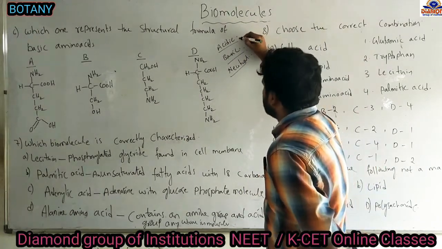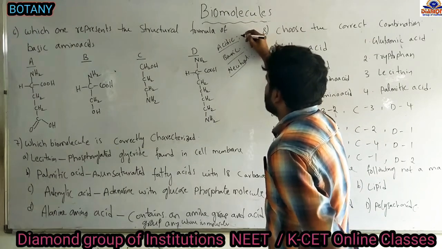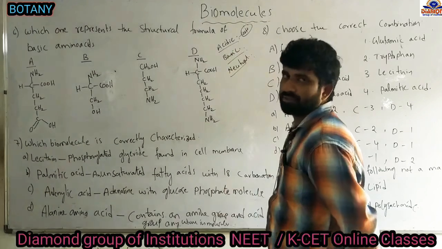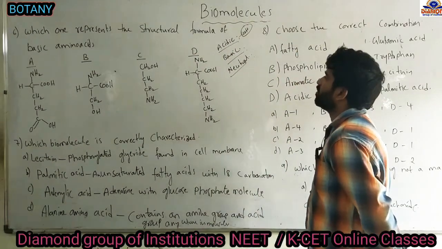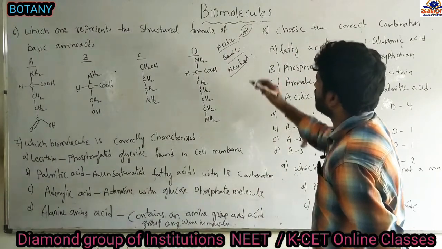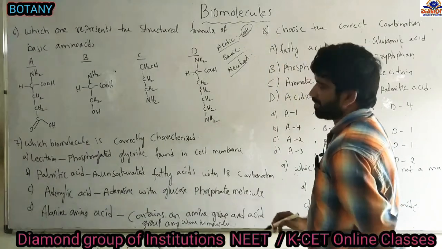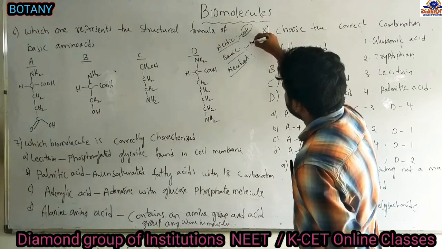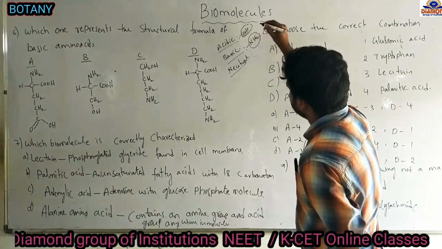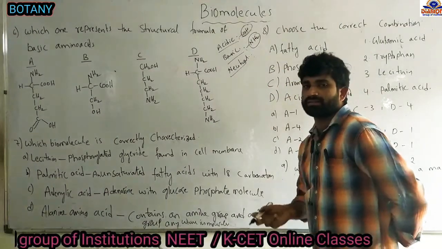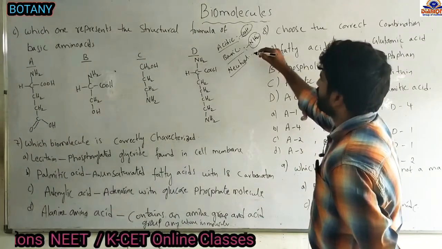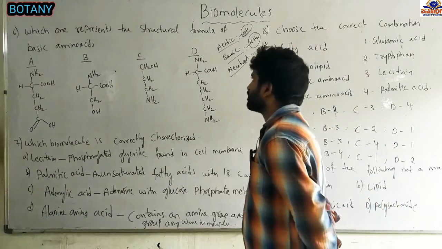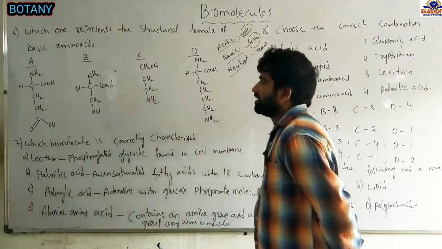In acidic amino acids, a greater number of carboxylic groups are present. Such amino acids we call acidic amino acids. Amino acids that contain more amine groups we call basic amino acids. And in neutral amino acids, equal numbers of carboxylic groups and amine groups are present.